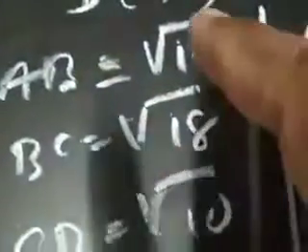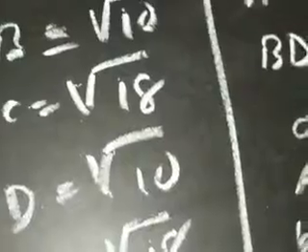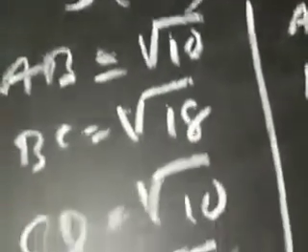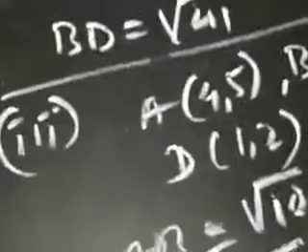So these vertices form a quadrilateral, but which type? Because only AB and CD are equal and BC and DA are equal, meaning opposite sides are equal, that's why ABCD is a parallelogram. Opposite sides are equal, diagonals are not equal. So answer 6 is over.